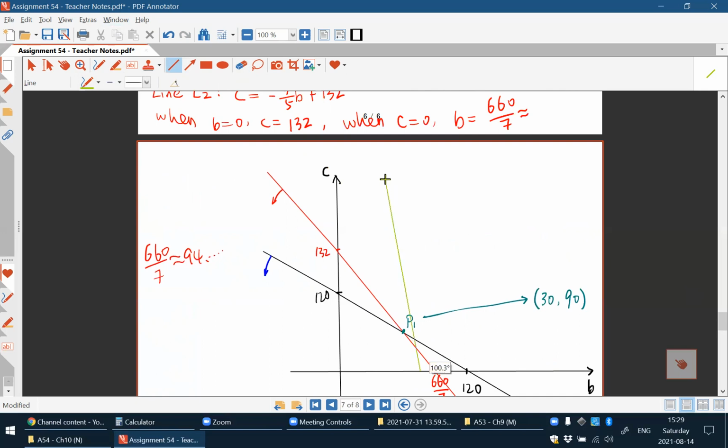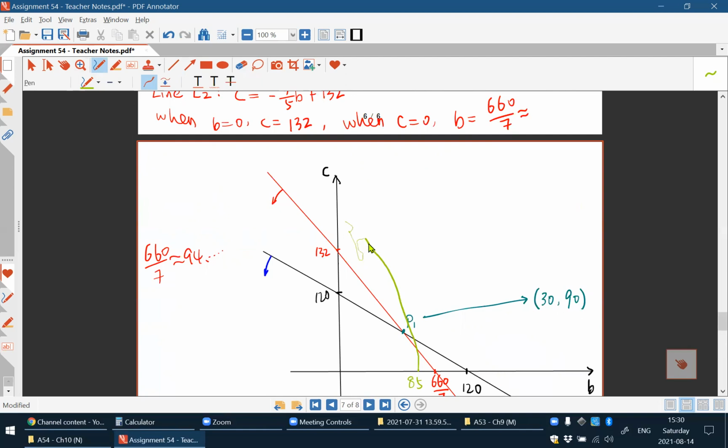We need to ensure that this line is above P1. So now let's draw a sketch. Suppose this is 85. This line should be above P1, right? So it should look like this.